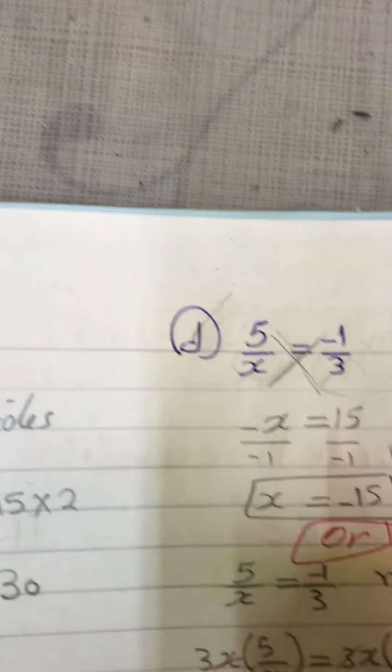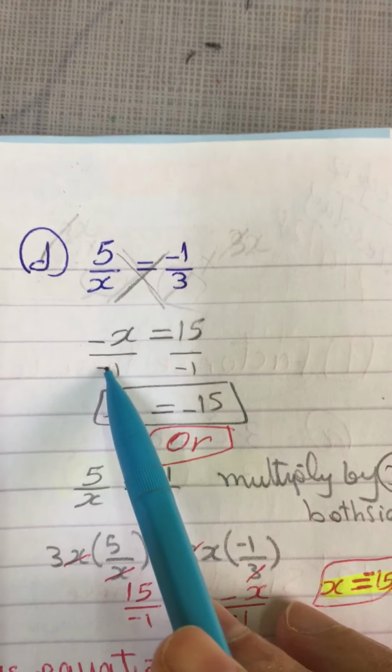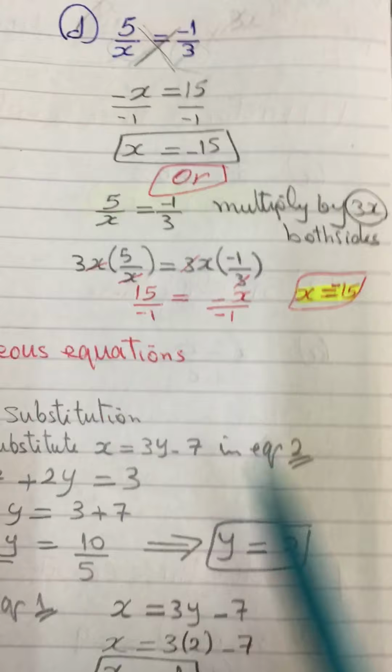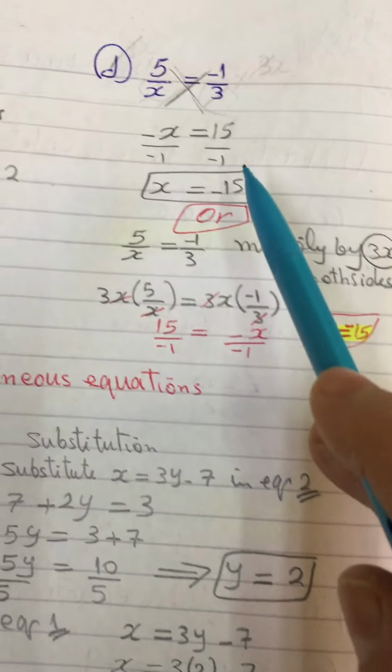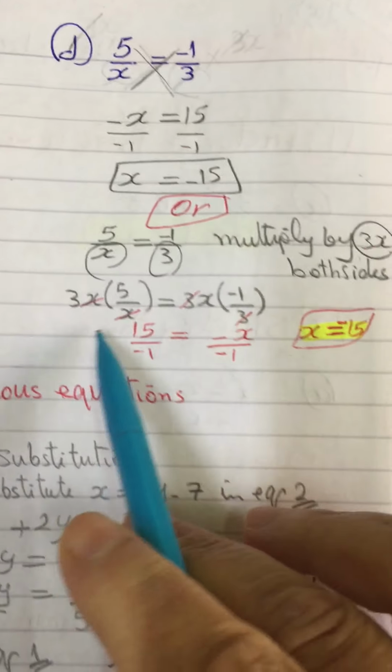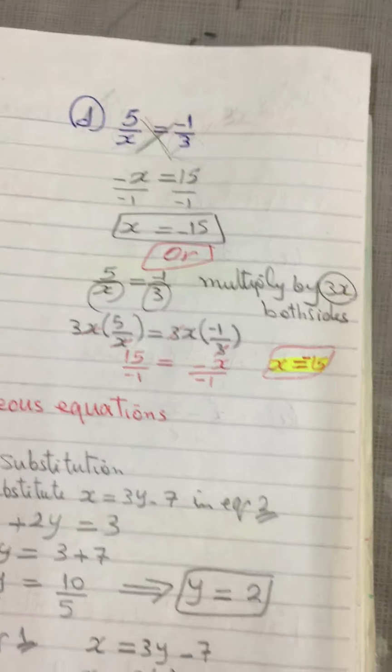So here, excuse me, I solved it by cross multiplication: x multiplied by negative 1 equals negative x, and 5 multiplied by 3 equals 15. Or we can multiply by 3x to clear the denominator. Here I have 3 and x multiplied by 3x both sides, like this.